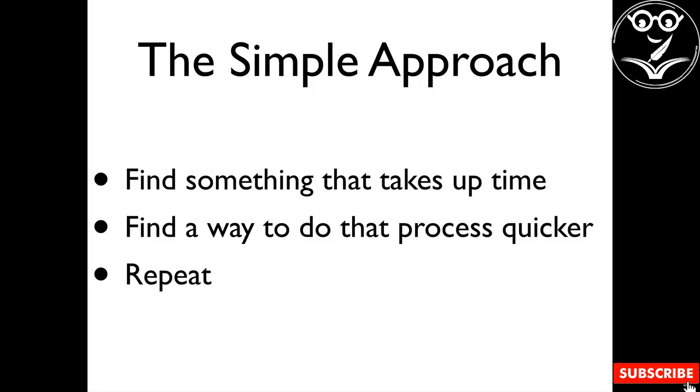So if you were to eliminate something, that could be done by allocating it through someone else via outsourcing. And then you would repeat the process, whether you have to invest in tools or you have to get someone for help. You would repeat the process for multiple social media processes that take up your time.